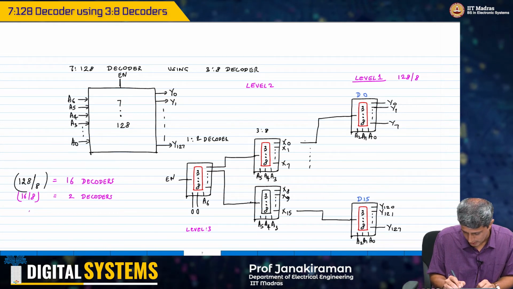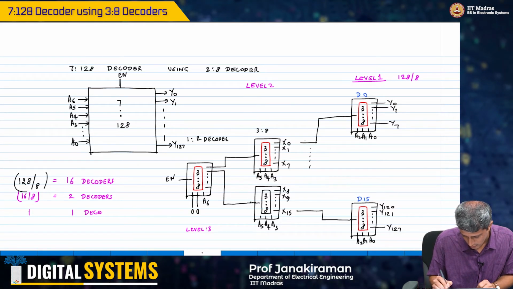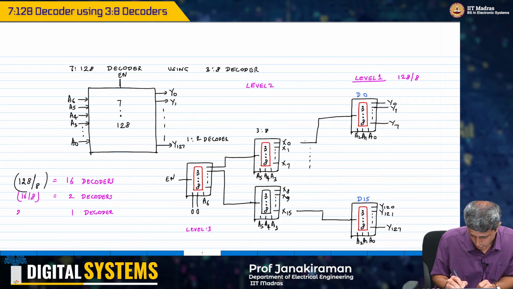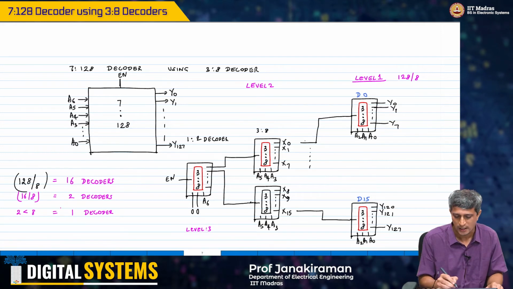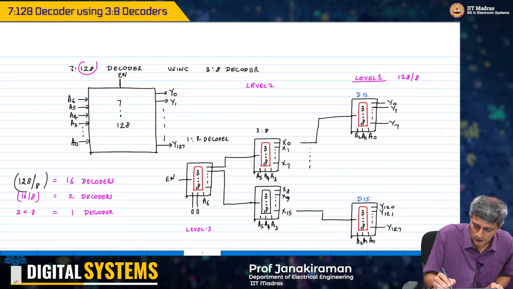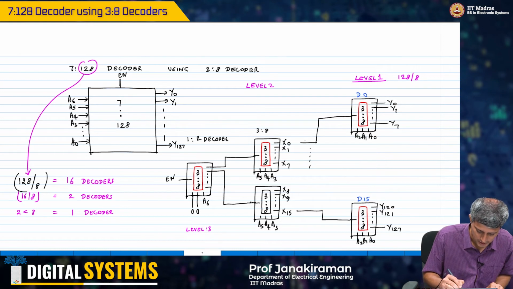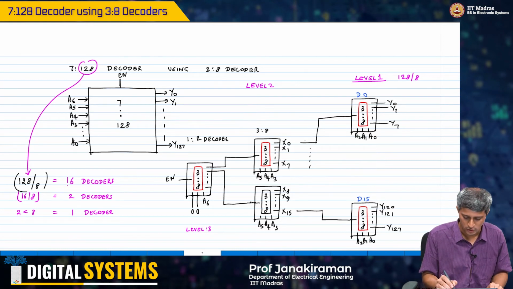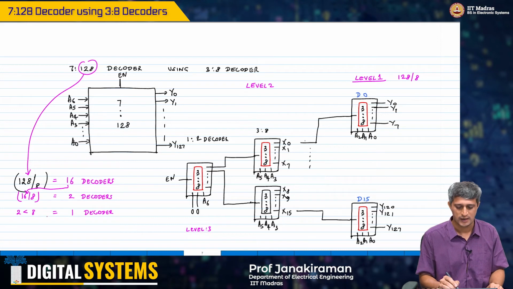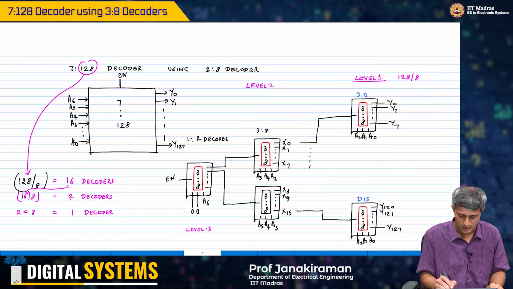So you need one decoder, right. So why? Because 2 is less than 8, right. So basically you started with this 128 that appears here, right. Then you take the 16, divide by 8, you get this.